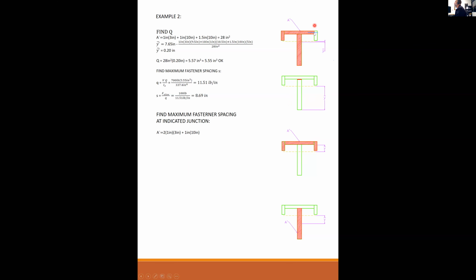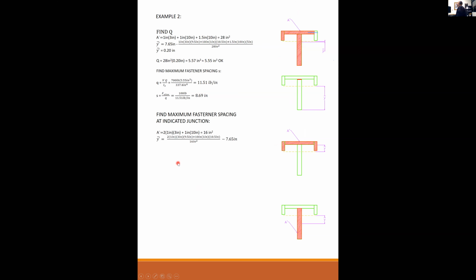Here, the shear plane was vertical, so it's everything on the right or on the left. Here, everything above or below. So starting with the top piece, I have two wings, 2 times 1 times 3, plus the 1 by 10 top flange. So A prime is 16 inches squared.